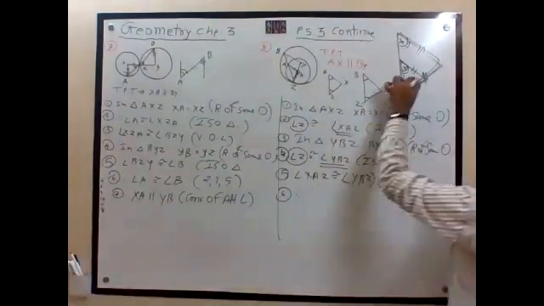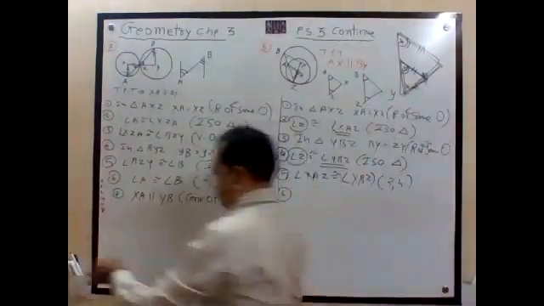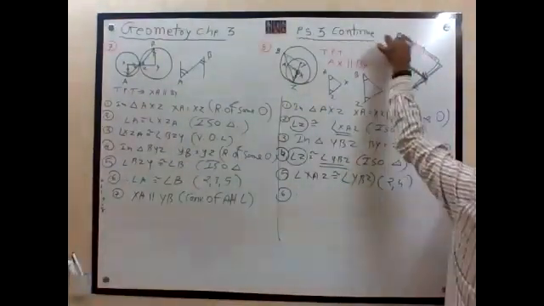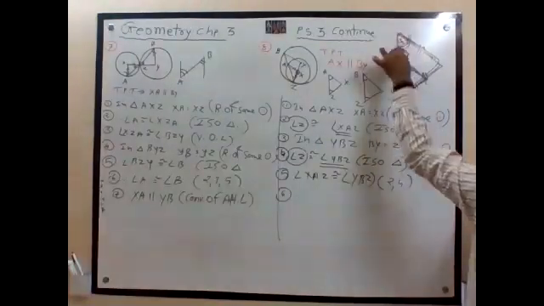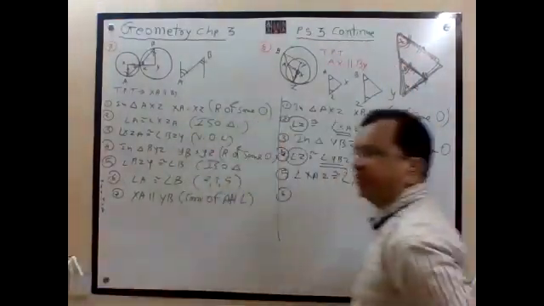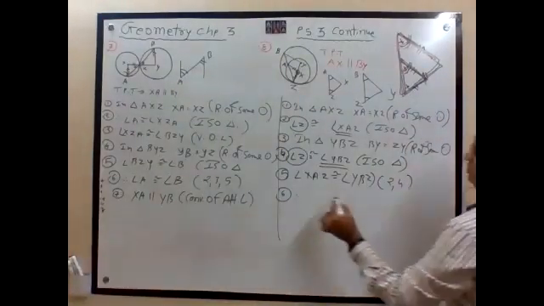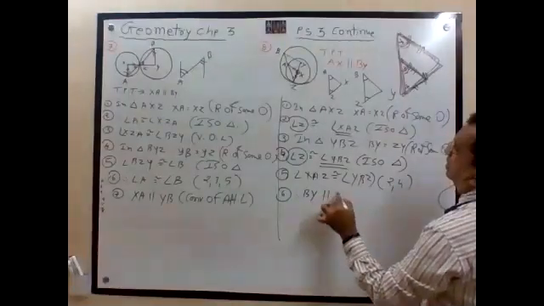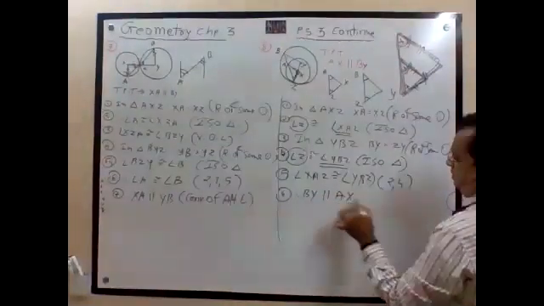Therefore, that you can see F. That you can see F. Now it is not alternate angle, it is corresponding angle. Therefore, BY parallel to AX.